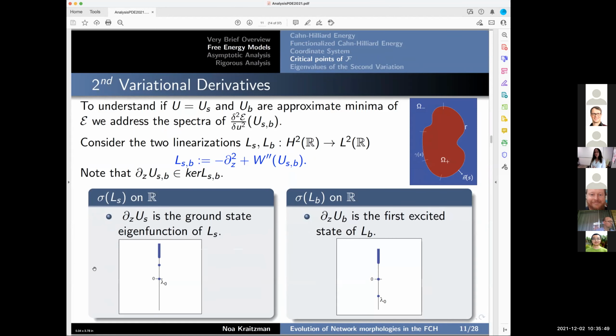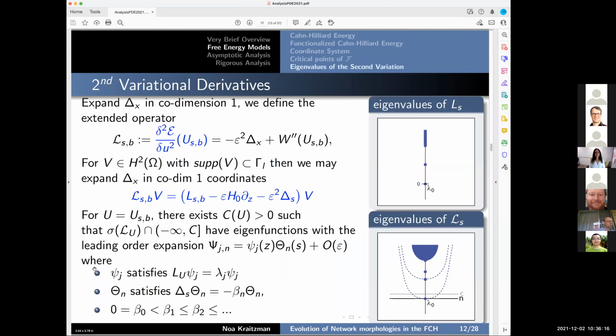Okay, let's make sure that the single layer and the bilayer are possible minimizers for the functionalized Cahn-Hilliard free energy. So we introduce the linear operator LB or LS, which is on the real line. If we take the Z derivative, we see that the Z derivative of U sub B is in the kernel of LB. And using Sturm-Liouville, we can say that this is the first excited state of LB. We take an expanded operator that will be the second variation of Cahn-Hilliard.